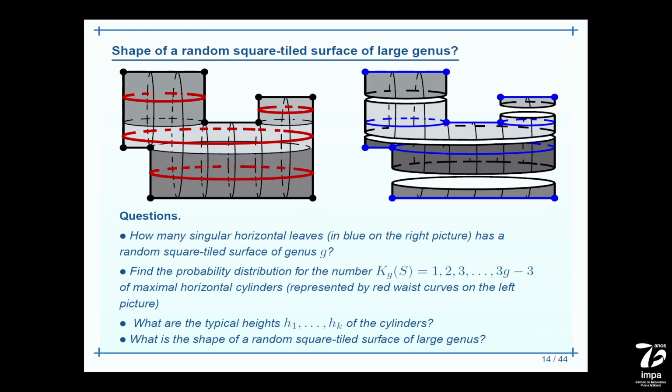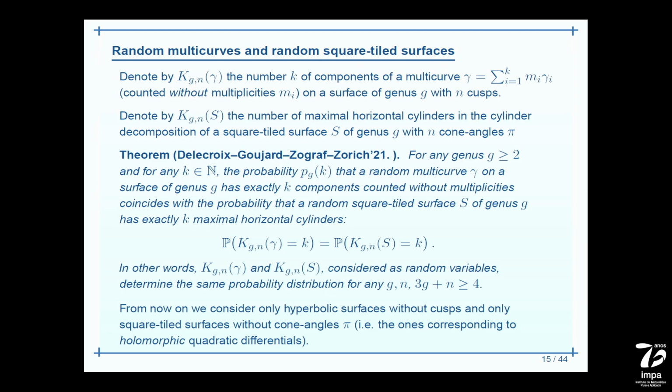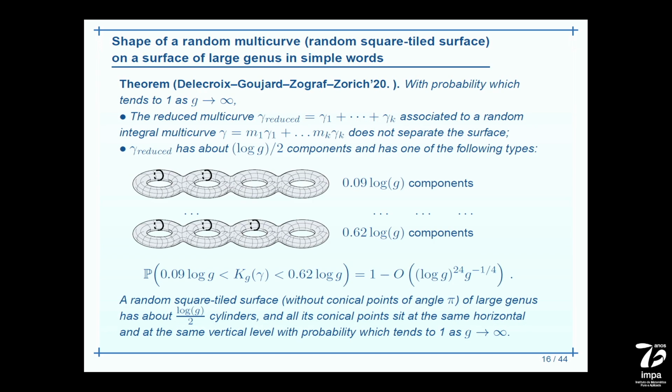And note that this theorem, which relates frequencies of hyperbolic multi-geodesics and square tile surfaces, tells that actually we are working in parallel with two identical statistics, because there is this language of passing through frequency of hyperbolic multi-geodesics to frequency of square tile surfaces. Okay, so now I can give you the answers.